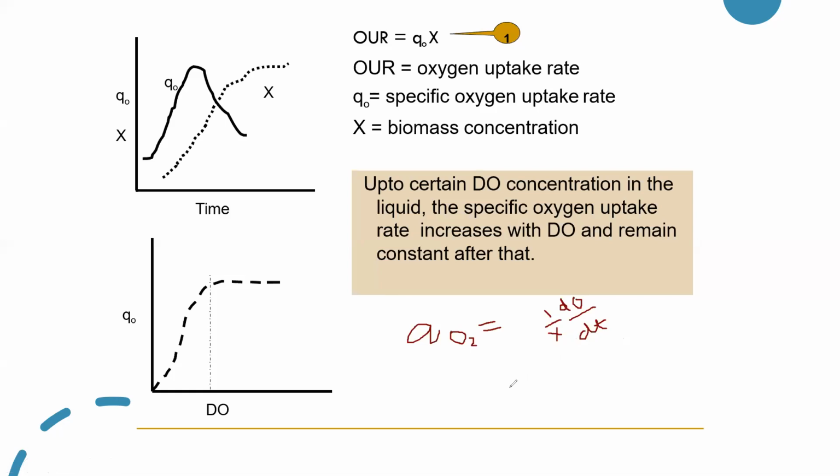So from this equation, we write that dO upon dt, rate of oxygen uptake in bioreactors, is given as QO2 into X. So this is telling that after transferring oxygen, how much amount of oxygen is getting consumed by my cells.